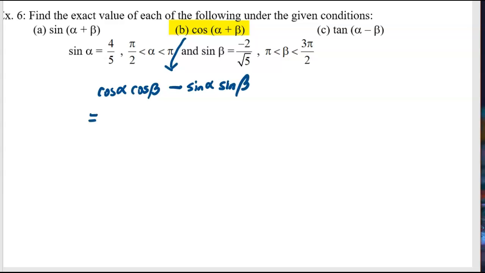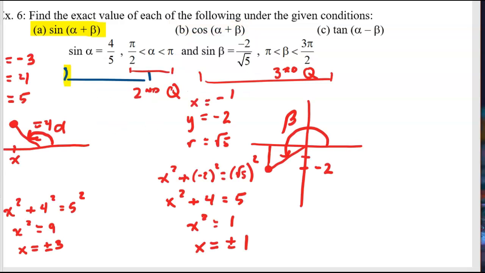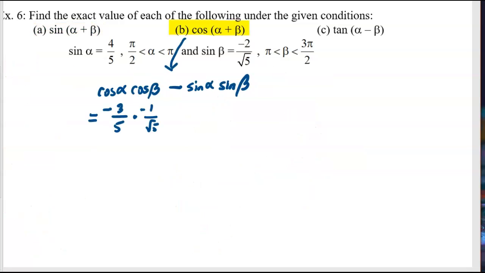Same values from before. So our cosine of alpha was 3 over 5, but it was negative. Go back to all that original work. Cosine of beta, right? So that was negative 1 over root 5. We go back just to make sure. Negative 1 over root 5, yes.